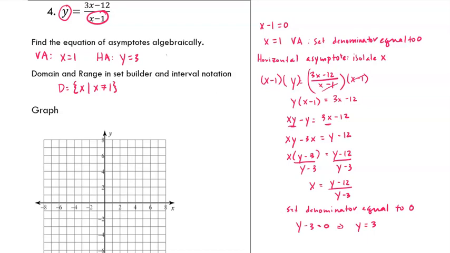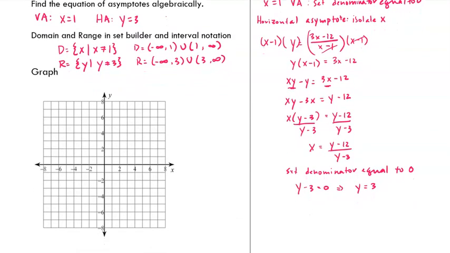And to write it in interval notation, negative infinity to 1, 1 to positive infinity. Range is going to be y such that y cannot be 3. The range is going to be negative infinity to 3, 3 to positive infinity.